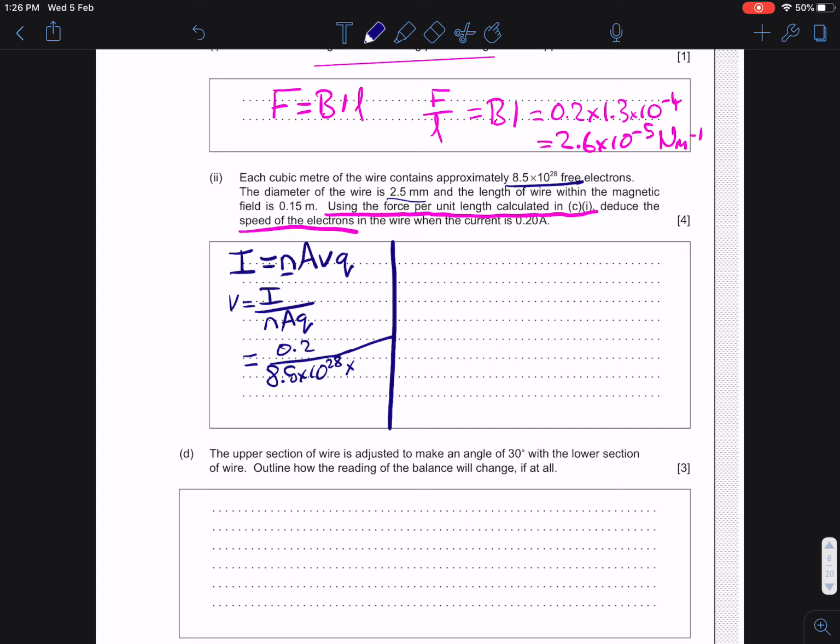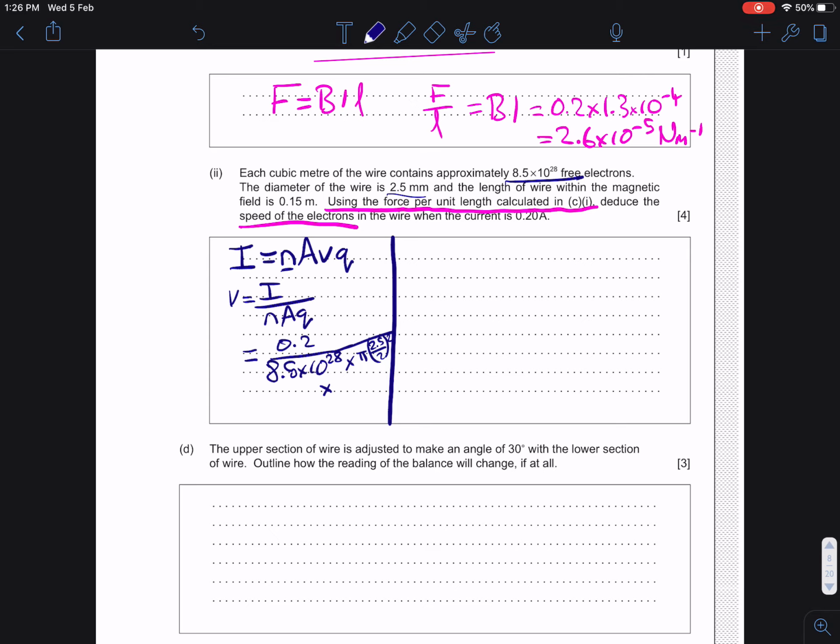If it's got a diameter of that, then that's pi times 2.5 over 2 squared, times q, which is the charge on one of the charge carriers, 1.6 times 10 to the minus 19. And that gives you an answer of 3.0 times 10 to the minus 6 meters per second.